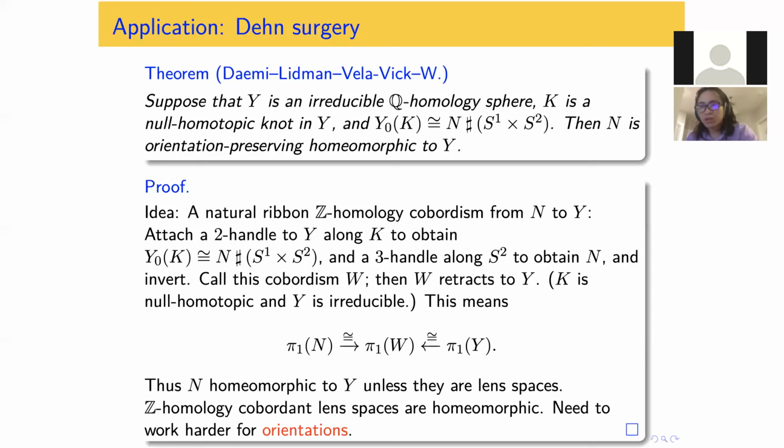So what we do there is we have another argument that involves taking covers of N and Y and W upstairs, and eventually you get back to lens spaces and you use the same kind of statement as before, and you're done.